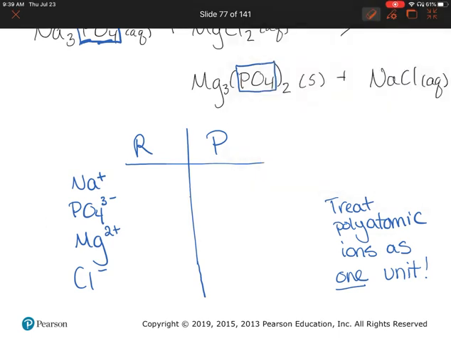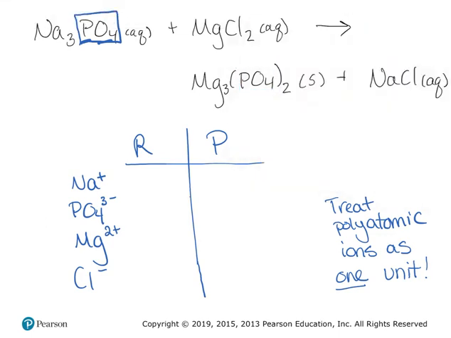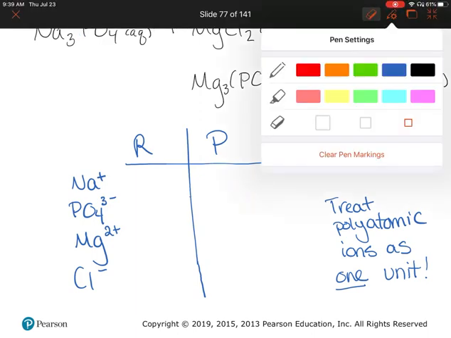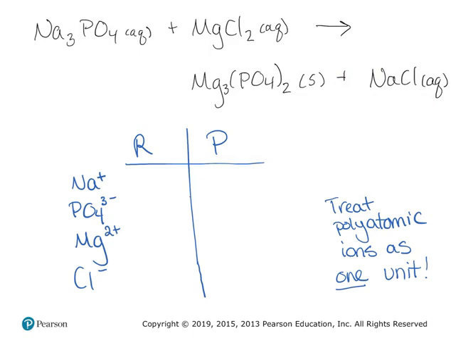All right. Let me just erase these boxes here. Okay, so let's start counting. So how many sodium ions do we have in the reactants? 3. So we've got 3 sodium ions in the reactants. What about the products? We only have 1 in the products. Okay, so how many phosphate ions do we have in the reactants?